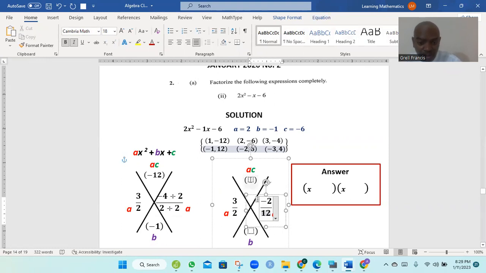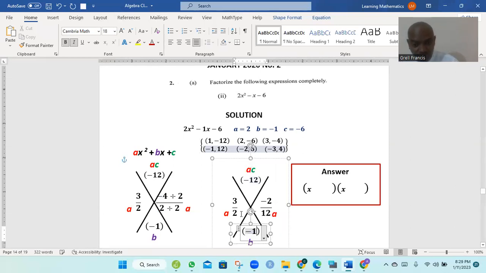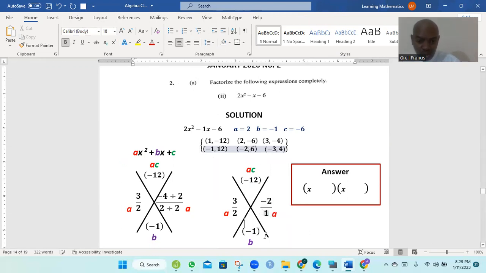Well, let's just complete our simplified version of the magic square. This remains as negative 12, and this remains as negative 1. But then our fractions there, this fraction has been simplified to negative 2 over 1. Now to go to our final answer now.